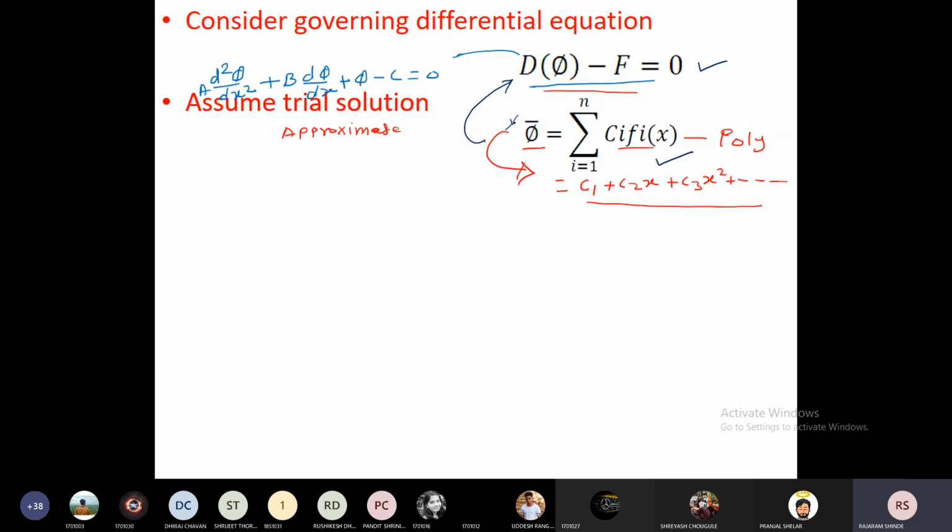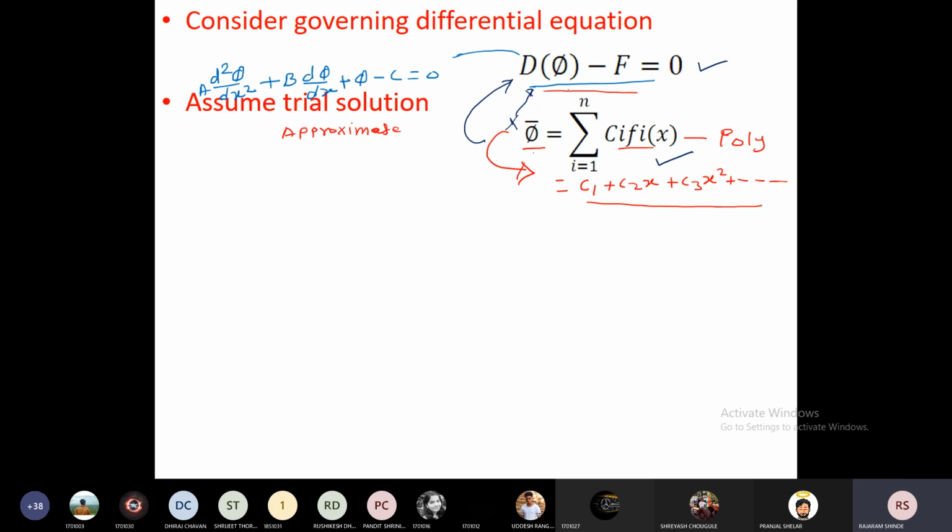This is not the correct solution. It is an assumed solution. When we put this in the differential equation, it will result in some error. Am I right? Do you agree with this? If I use this solution in this differential equation, it will result in some error. Why? Because it is not the correct solution. Do you agree with this?